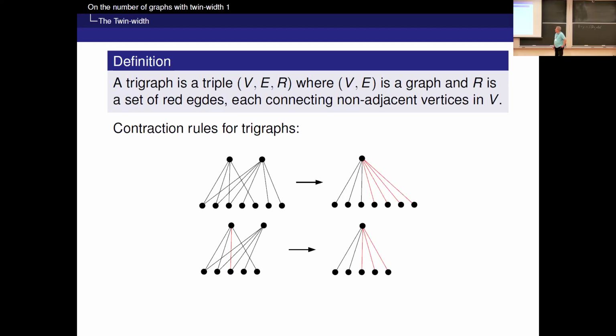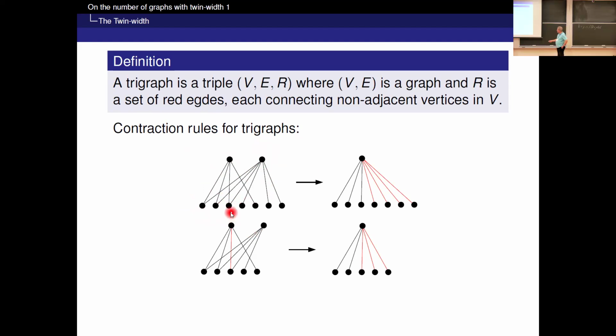Okay. And then there are contraction rules for trigraphs. If you have two vertices, then you look at the neighborhood of these two vertices. The neighbors in common stay neighbors. These are these three vertices here.